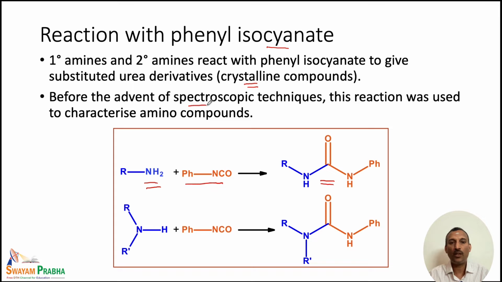As I mentioned, before the advent of spectroscopic techniques, this was the major reaction to characterize amino compounds. If we use a primary amine, we get the N-monoalkyl urea derivative, and if we use a secondary amine, we get the N-dialkyl urea derivative. So, these are the ways by which amino compounds can be converted to urea derivatives.